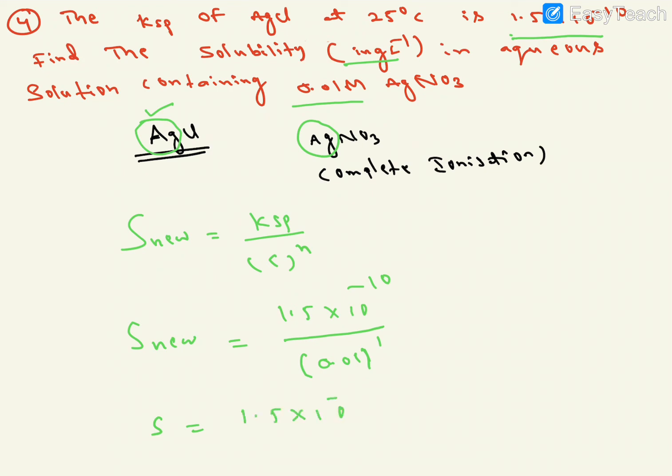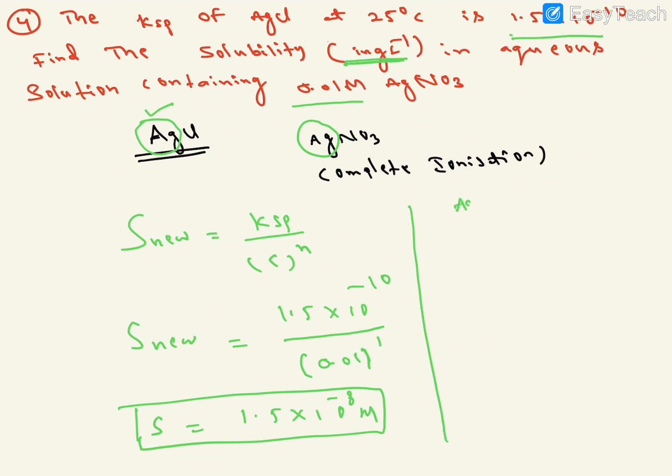So the new solubility comes to 1.5 into 10 to the power of minus 8 molarity. But the question asks for the solubility in grams per liter, so we have to multiply by the molecular weight of AgCl to convert molarity into grams per liter.